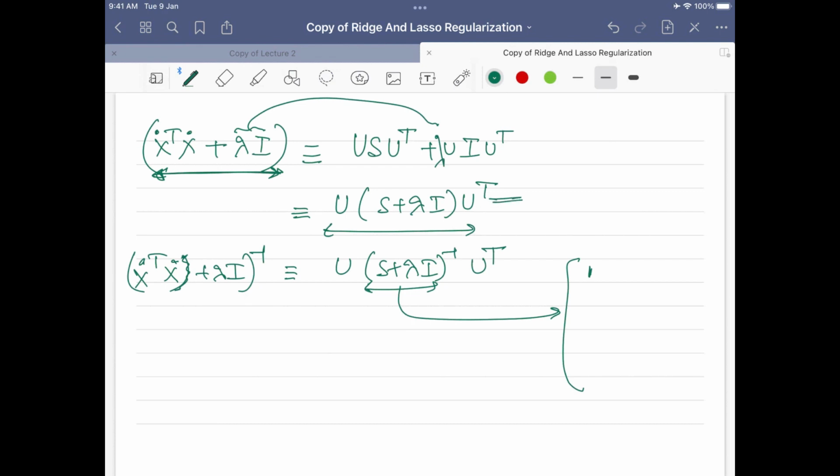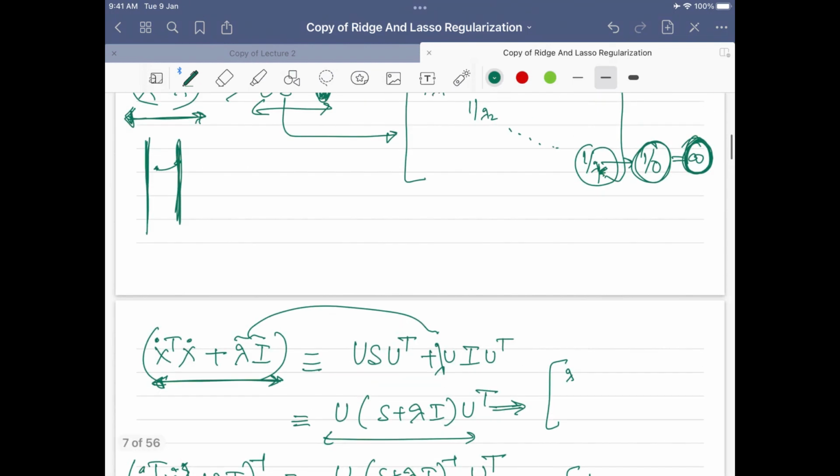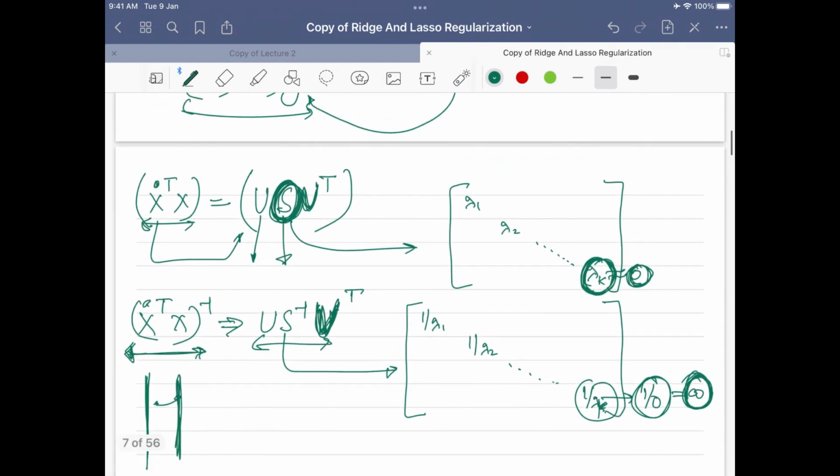So it will be lambda, sorry, not lambda here. Let us take these values, not as lambdas, but as c1, c2, c3 like this. So this is 1 by c1, this is 1 by c2, and this is 1 by ck.